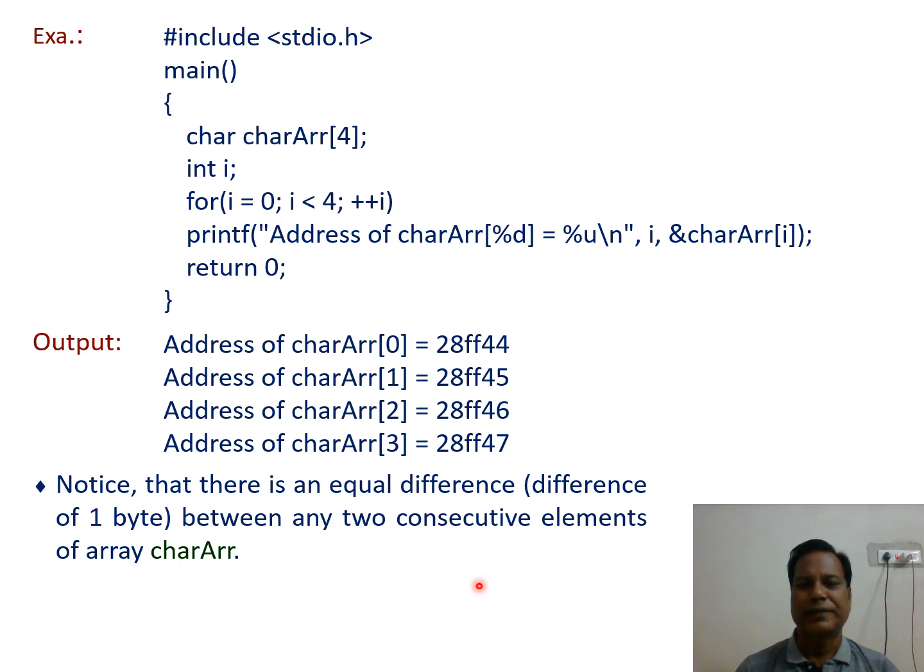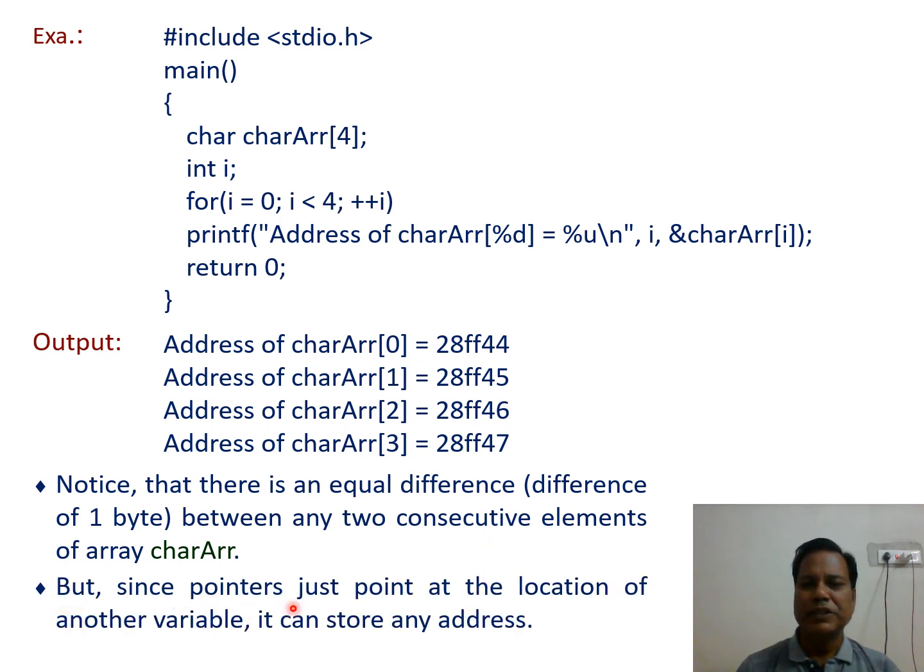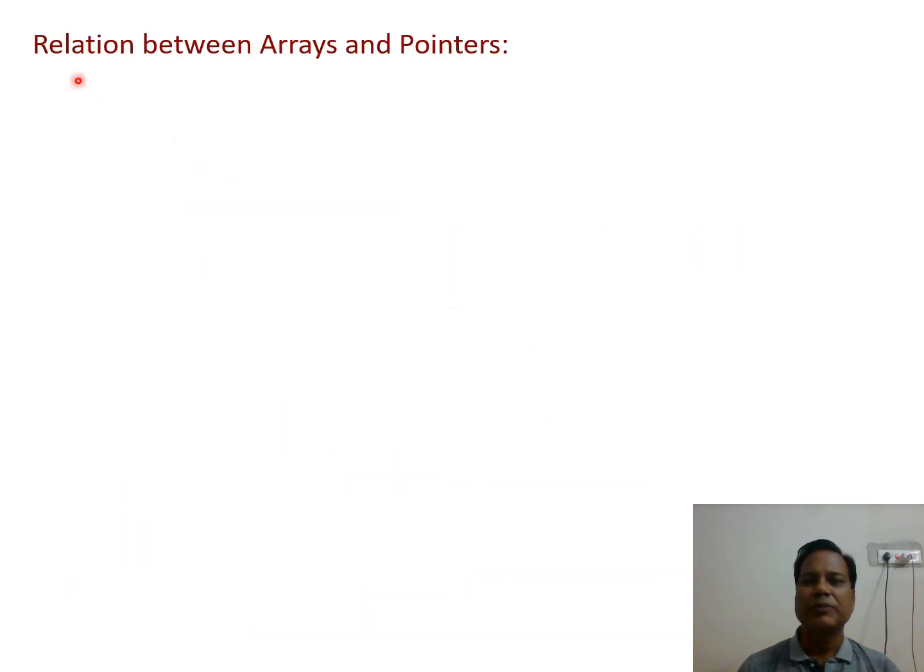But since pointers just point at the location of another variable, it can store any address. But here there is a contiguous memory location for each element. Relation between arrays and pointers.